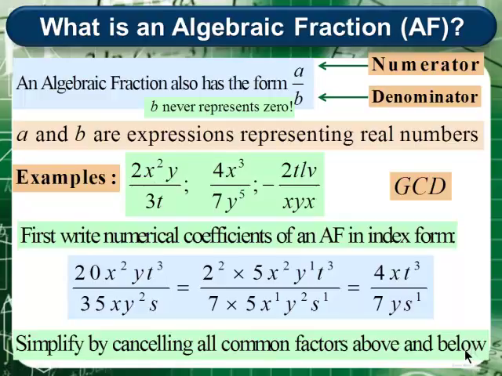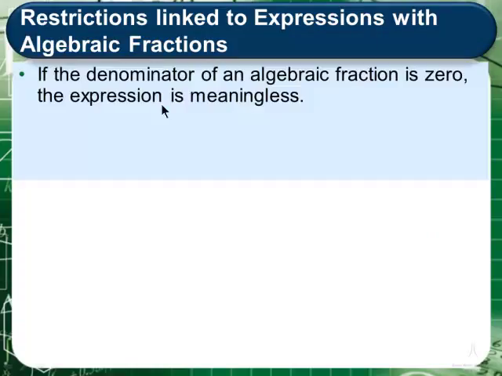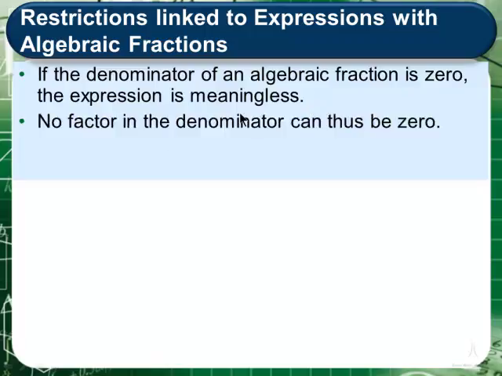Let us briefly consider the restrictions linked to expressions with algebraic fractions. If the denominator of an algebraic fraction is 0, the expression is meaningless, as we've seen before. So, no factor in the denominator can be 0.